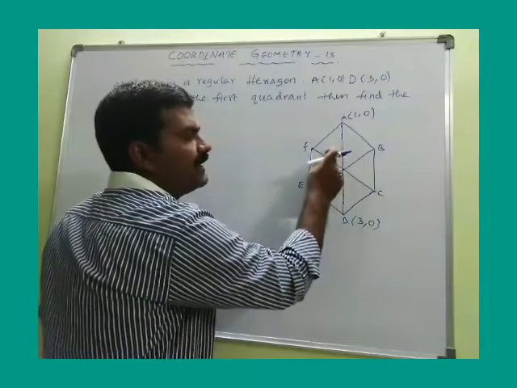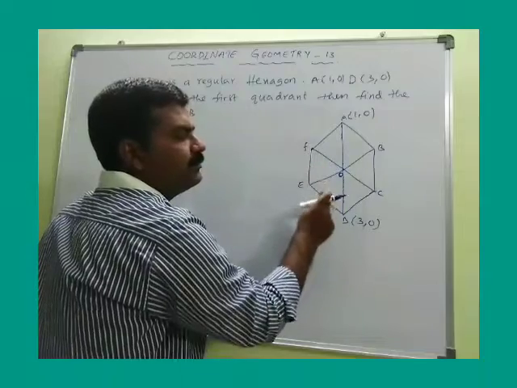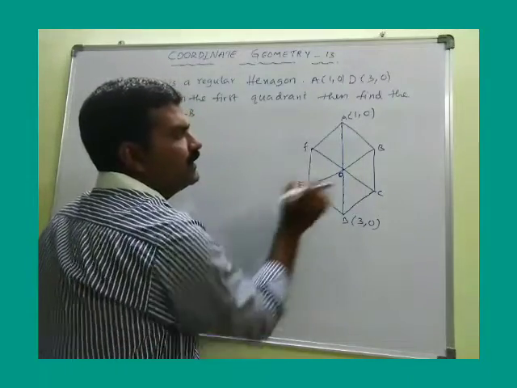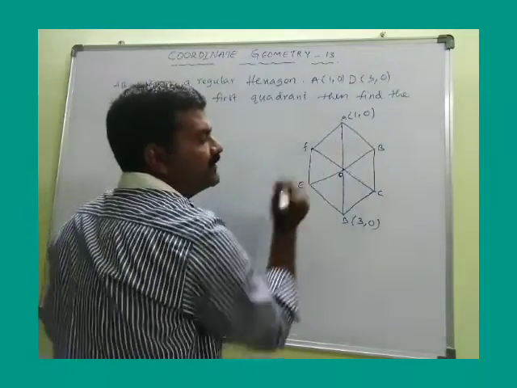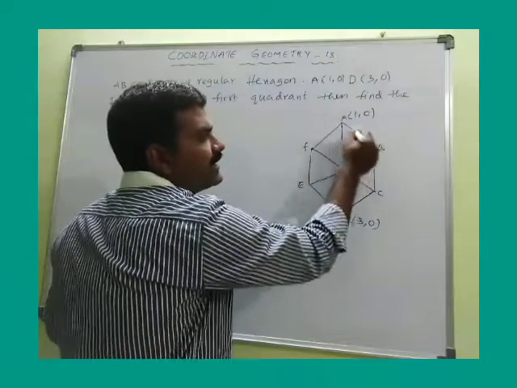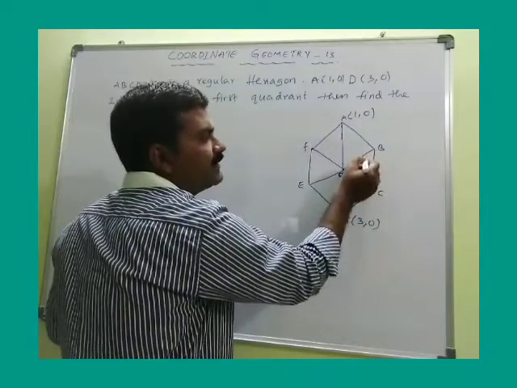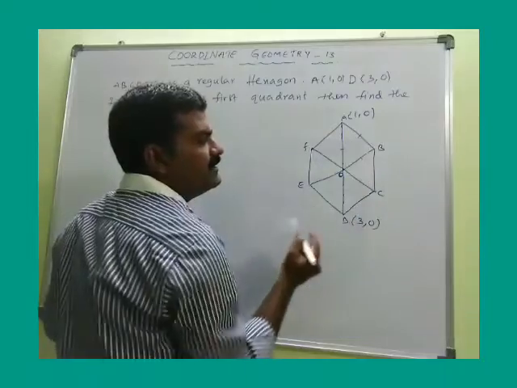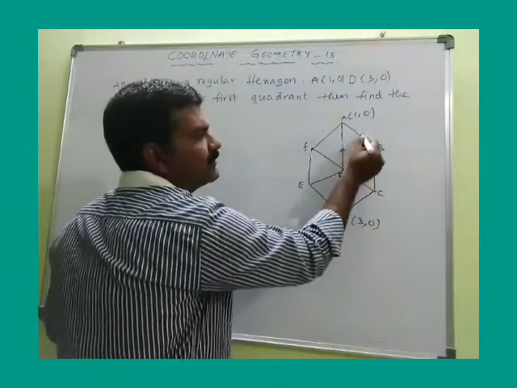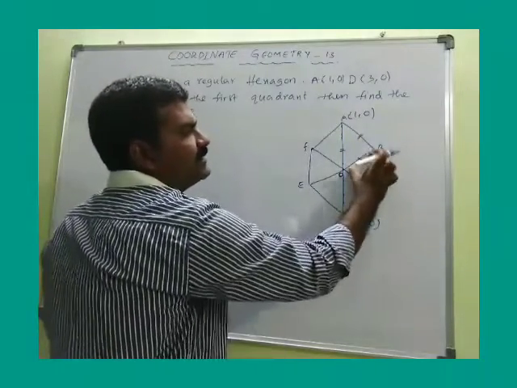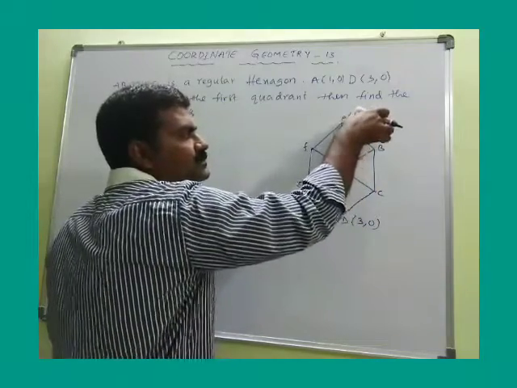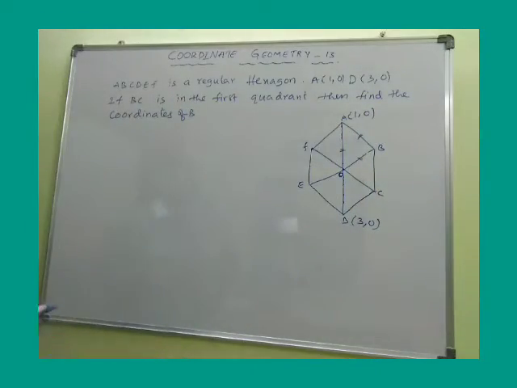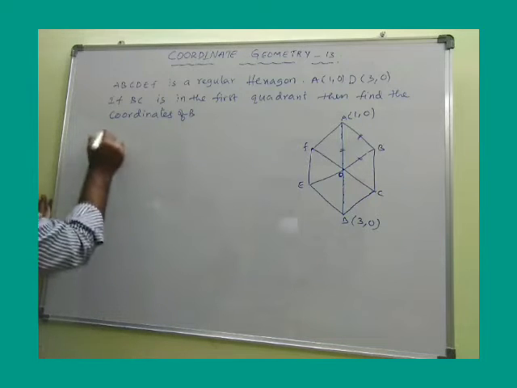Triangle 1, triangle 2, triangle 3, 4, 5, 6. Now let me concentrate on OAB. Since this OAB triangle is an equilateral triangle, these sides must be equal. So OB is equal to OA is equal to AB. Of course, all sides must be equal since OAB is an equilateral triangle.